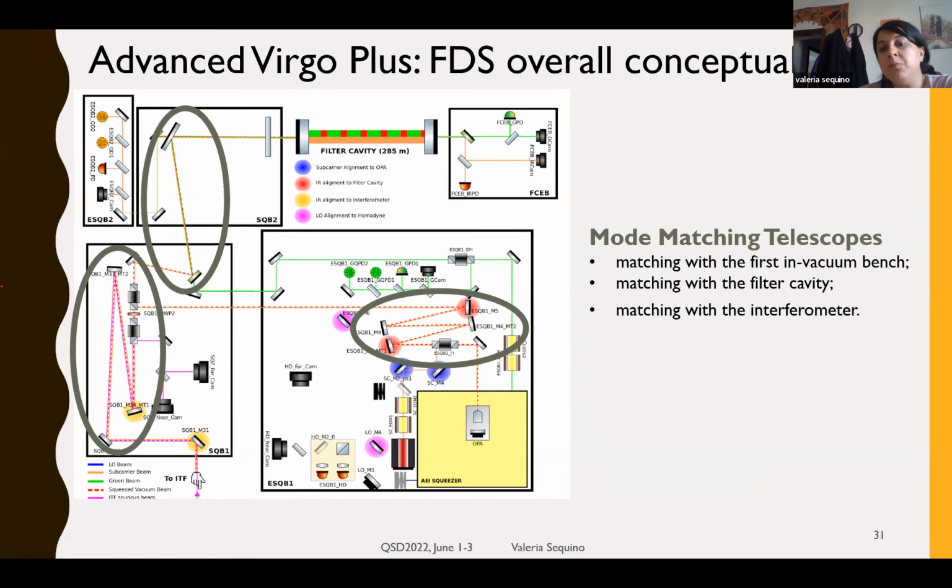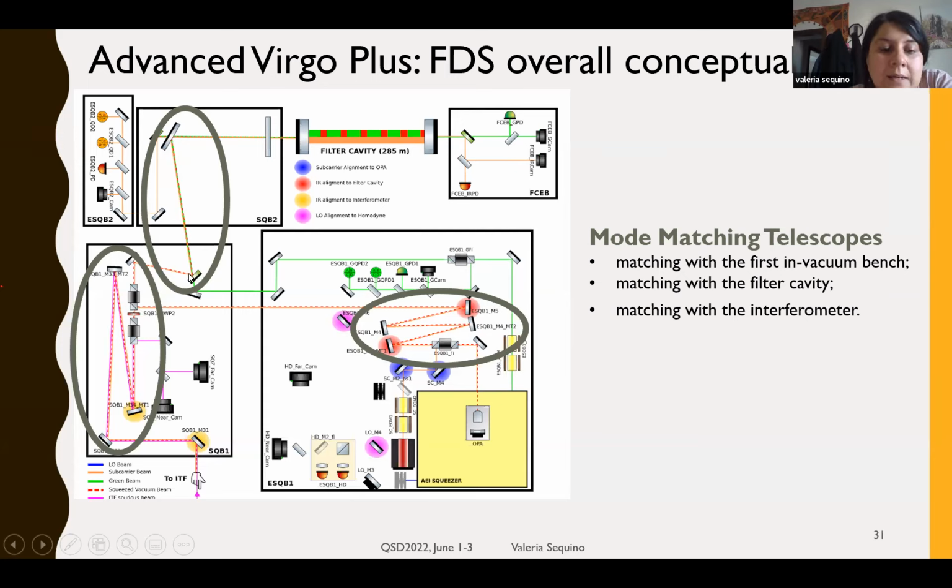There are also mode matching telescopes, in particular 3. This is the first mode matching telescope, which is composed of 2 curved mirrors. We did not use lenses because we have to try to have as few losses as possible. We have a first mode matching telescope to match the squeezing beam with the first suspended bench.